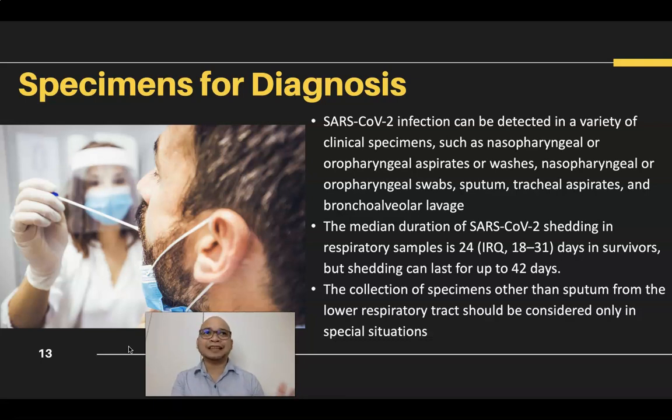There was a published article that I've read that a person who is already negative with RT-PCR using the oral swab or nasal swab may still shed viruses in their feces. So that's possible. The collection of specimens other than sputum from the lower respiratory tract should be considered only in special situations. This is where the tracheal aspirates or bronchoalveolar lavage will come into play.